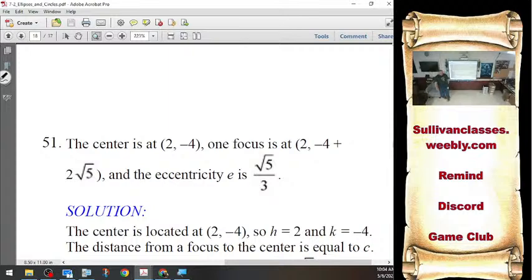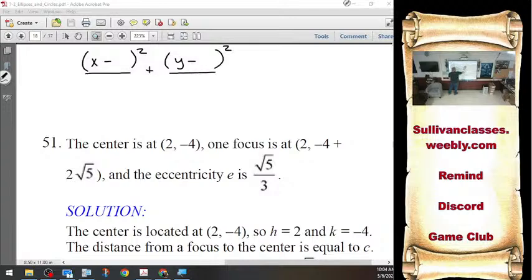Okay, look at the focus. I don't need to have both of them. If I look at the focus and the center, what changed? The y's. So right out the gate, I know that y goes first. Oh wait, this is the ellipse. x minus thing squared plus y minus thing squared equals 1.